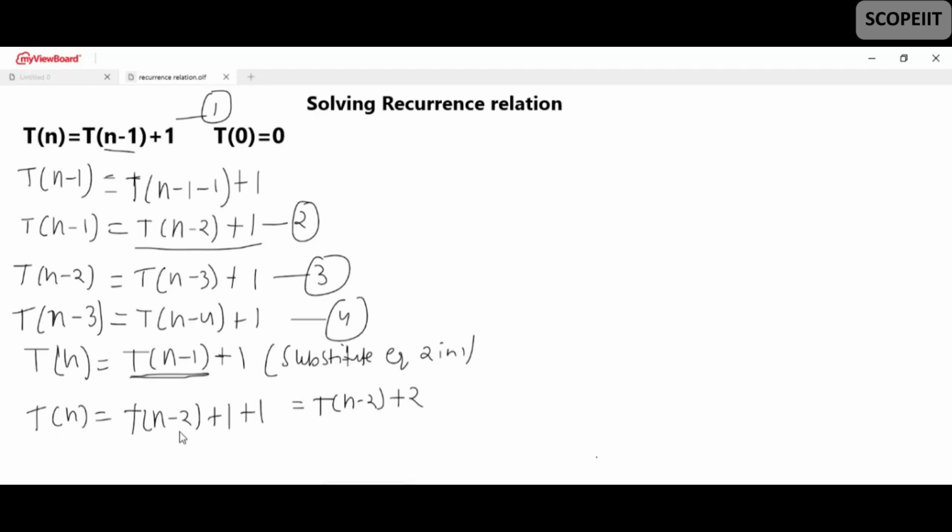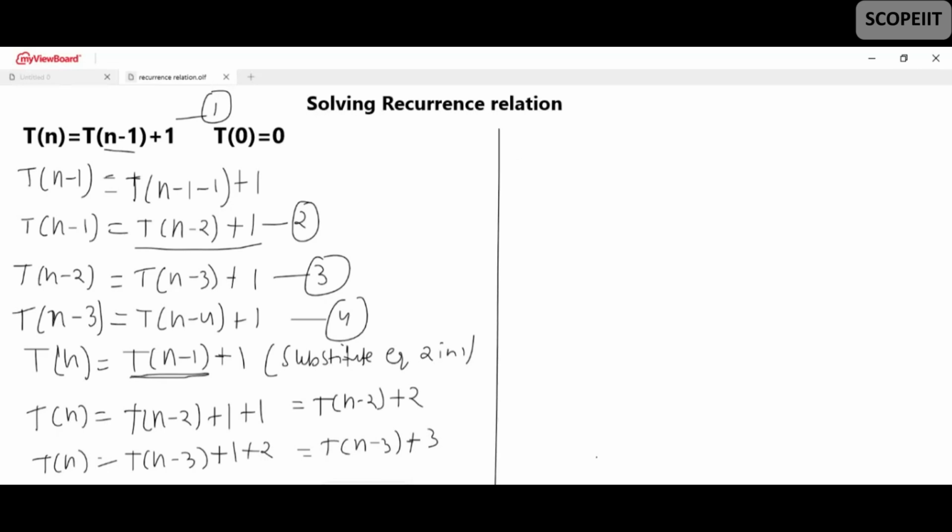Similarly, if we substitute equation 3 in 2, T of n minus 2 is T of n minus 3 plus 1, and this plus 2 as it is. So finally it will become T of n minus 3 plus 3.